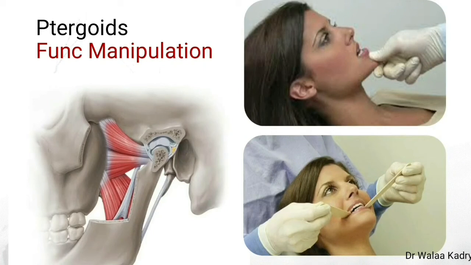In the same way, lateral pterygoid is the main protrusive muscle that allows protrusion of the mandible. So if you resist this motion, increased pain will occur within the muscle, and this will be reported by the patient and recorded.